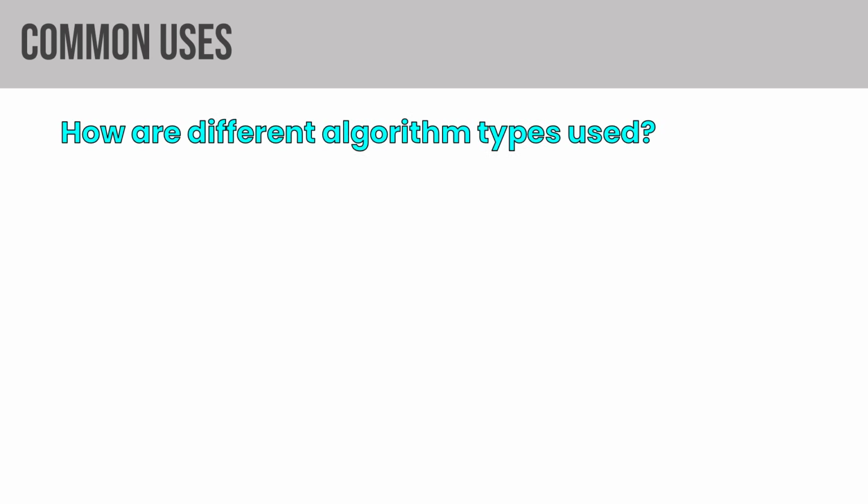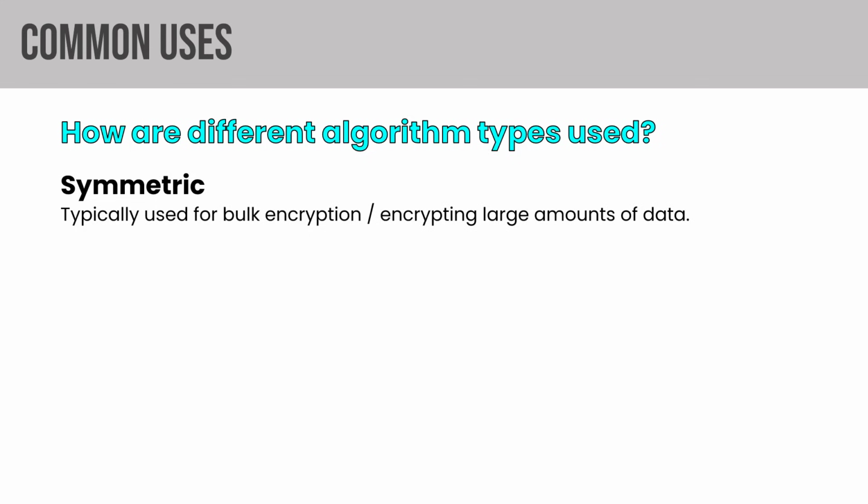So let's talk about common uses. So how are these different algorithm types used? Well, symmetric is typically used for bulk encryption or encrypting large amounts of data, essentially. And since there's a shared key, that's going to be a weakness because key exchange is challenging.